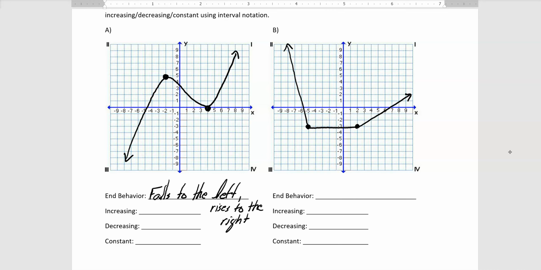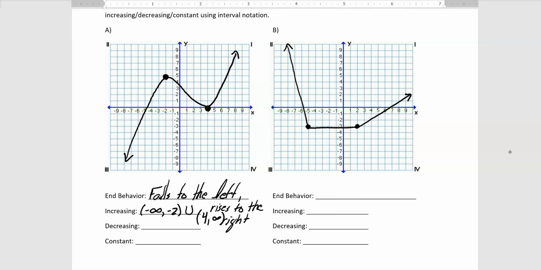Now, where is this increasing? Well, this is increasing from negative infinity all the way to -2. Soft brackets on everything, remember, and a union, which means it's multiple intervals where it's increasing, because it's also increasing from 4 to infinity. So again, we're looking at our x values.